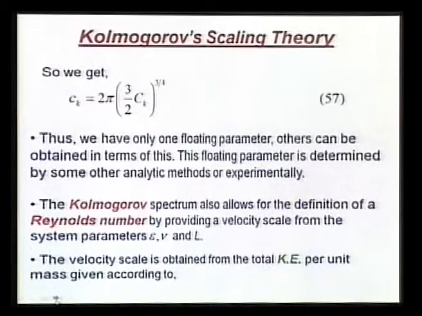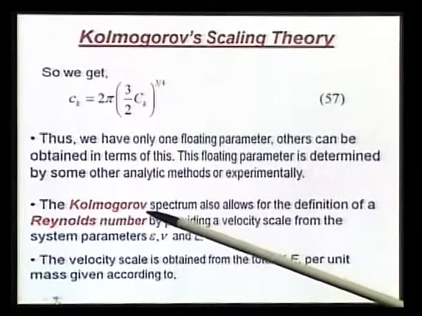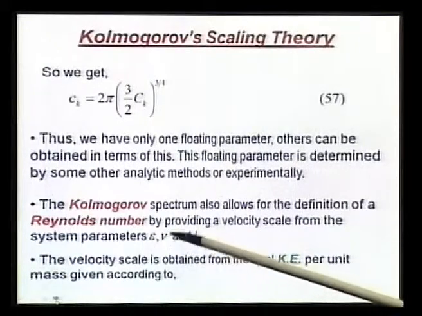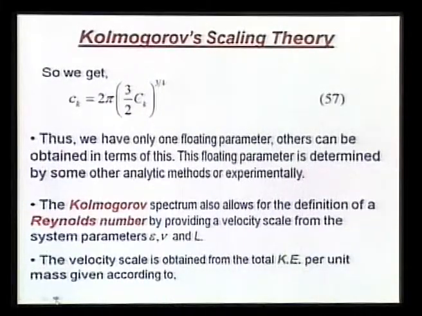Now, the Kolmogorov spectrum allows us to define a Reynolds number, because it provides a velocity scale by these following parameters, epsilon, nu, and the length scale L. The velocity scale is obtained from the total kinetic energy per unit mass. That is quite easily understood. Okay.